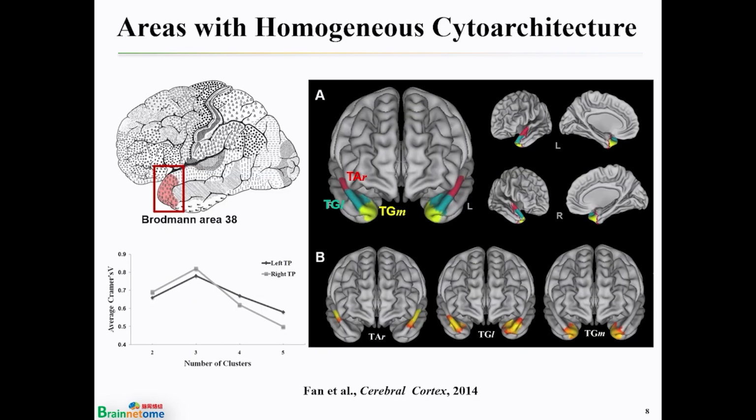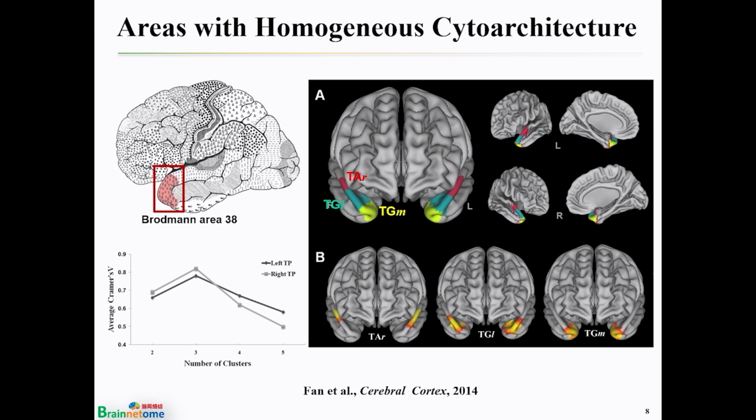For some brain regions the cytoarchitecture may be heterogeneous, but for some, such as the temporal pole or frontal pole, the cytoarchitecture is very similar.